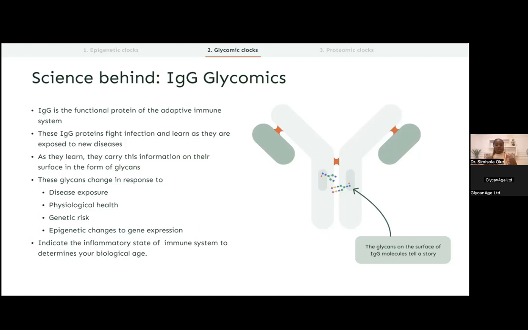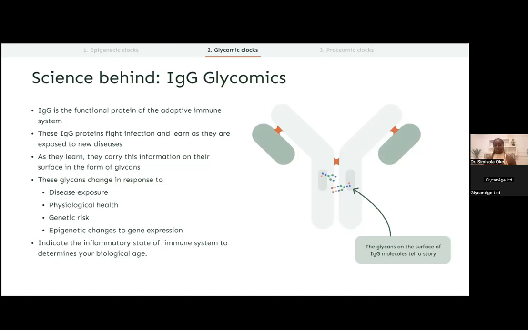When these IgG proteins fight infection, they actually learn as they do it, and they create a memory. This memory exists on the surface of the IgG in the form of glycans. When we think about IgG glycomics, that is what we're looking at: the glycans on the surface of these proteins that are your immune system fighters. These glycans change in response to disease exposure, and to inflammation.